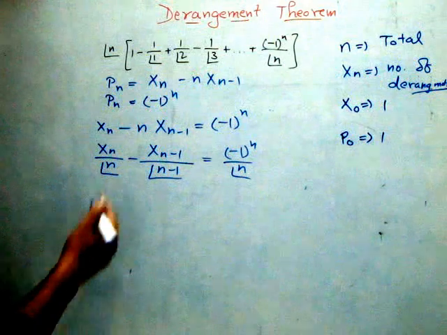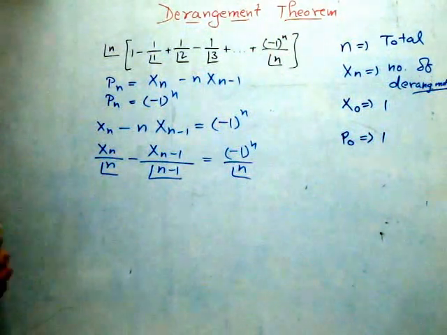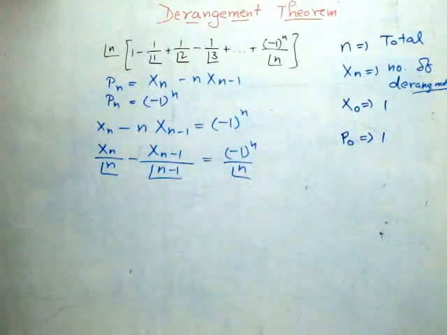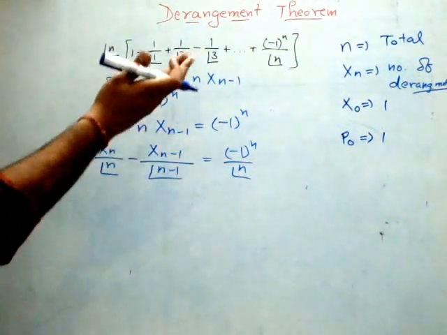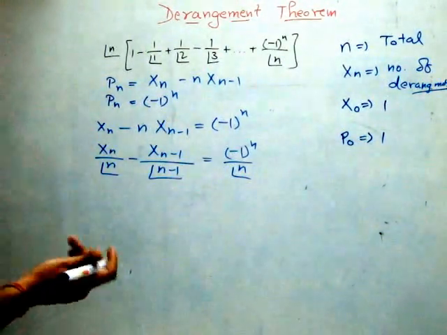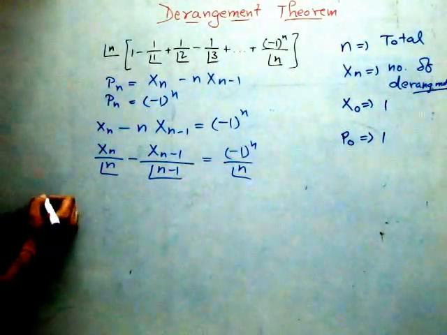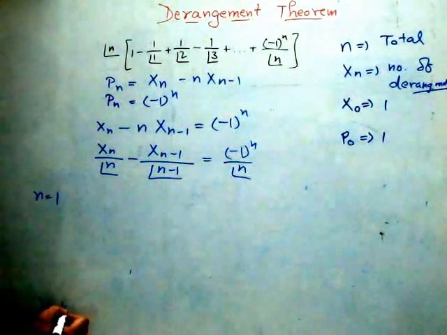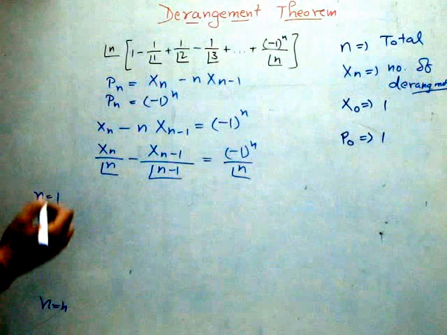So how will we do that? Let's start off with x0. Say xn minus 1 is there, right? So we'll put x0 as the lowest value. So let n minus 1 be equal to 0. So we'll consider from n equal to 1 to n equal to n. So what will we get?